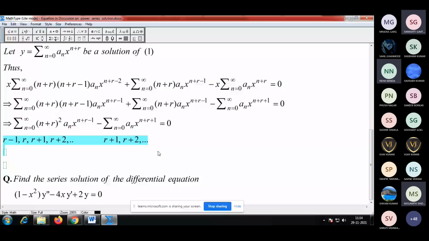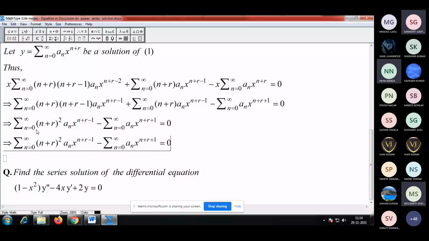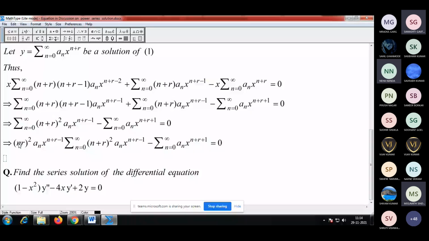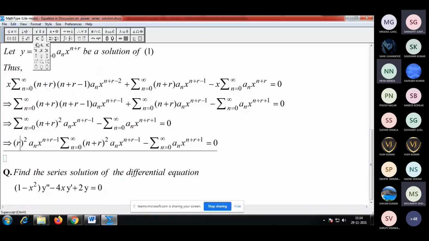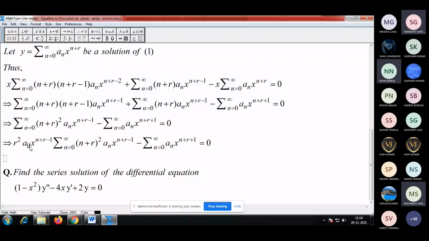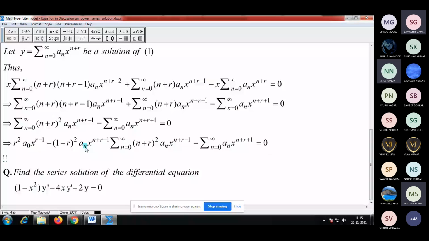We separate two terms from here. If n equal to 0, the first term is r square a naught. The second term, with n equal to 1, is 1 plus r whole square, and here x to the power 1 plus r minus 1, which is r only.